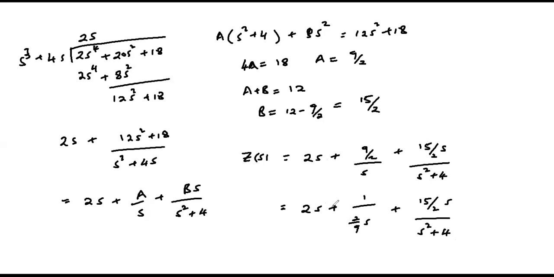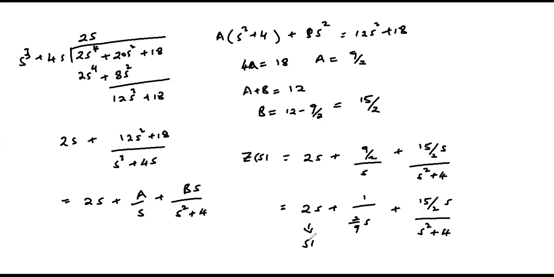If you look at these terms, then 2S indicates there is an inductor whose inductance is 2 Henry. 1 over (2 over 9)S means there is a capacitor in series whose capacitance is 2 over 9.